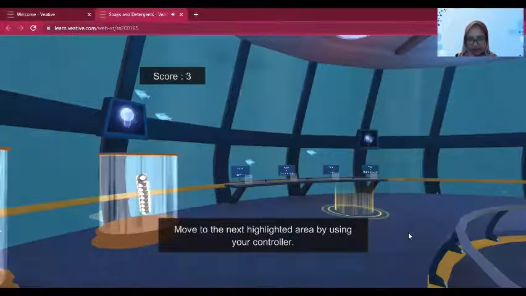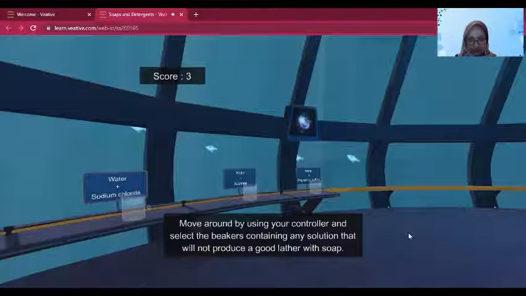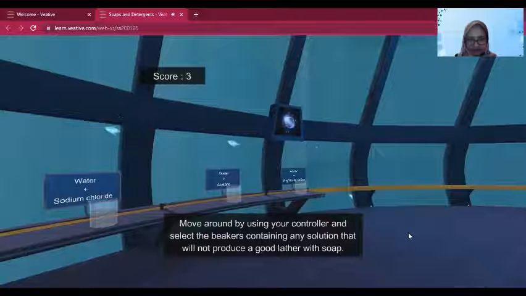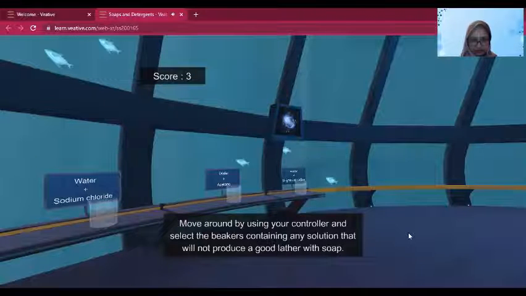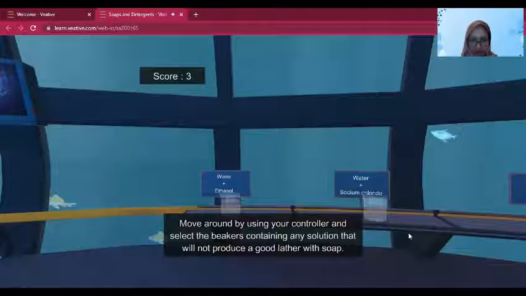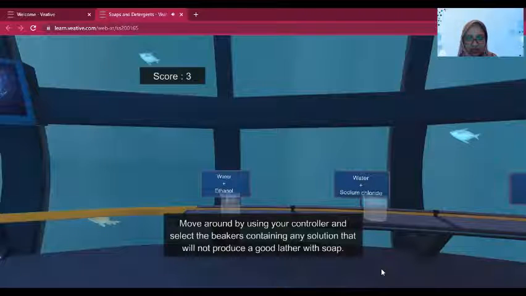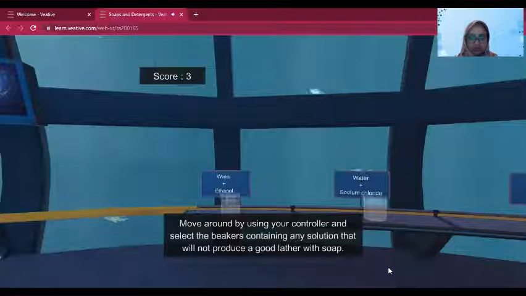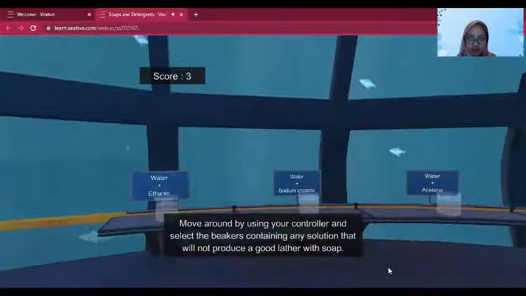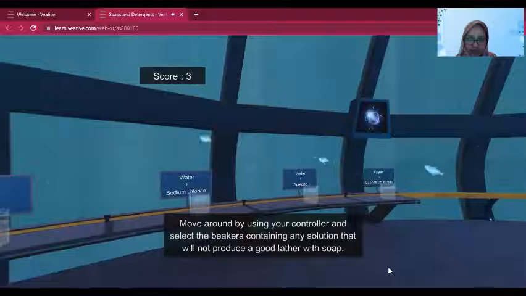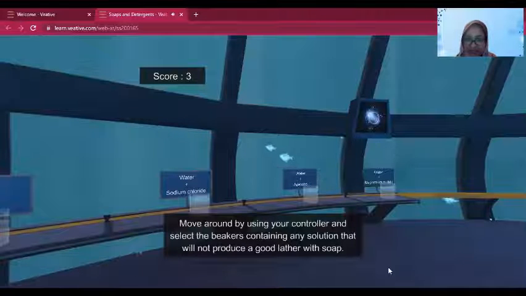Okay, that means you need to choose the particular hard water that is produced because of the addition of calcium ions or magnesium ions.